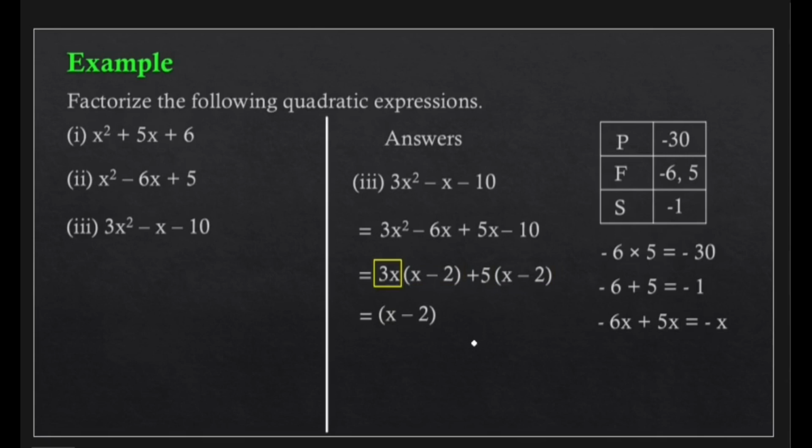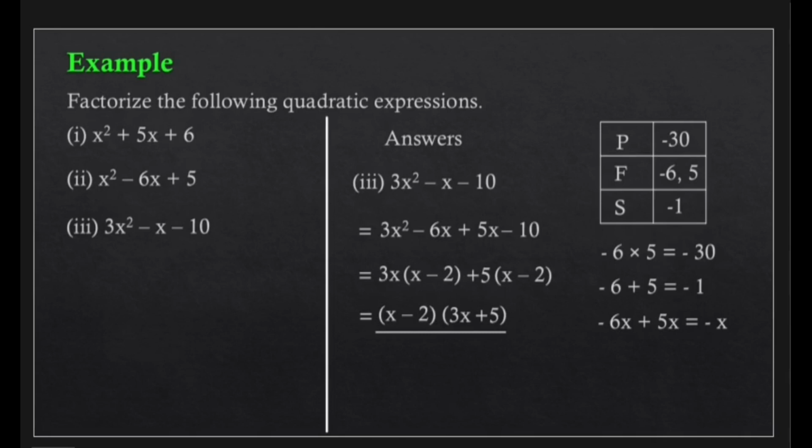So we are remaining with 3x and positive 5. Those we can also put in brackets. So 3x plus 5 close brackets, and that becomes our answer. Alright, so we have managed to factor out this algebraic expression, or factorize this quadratic expression.